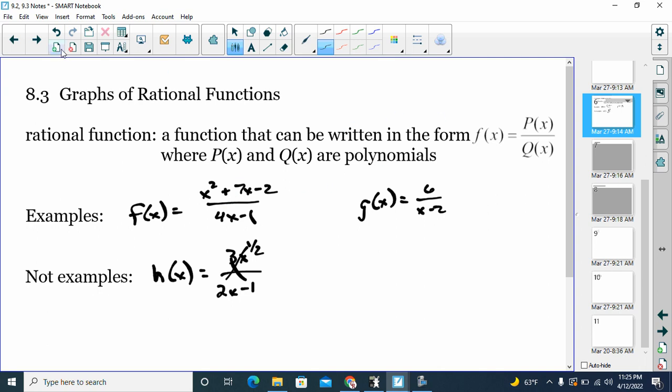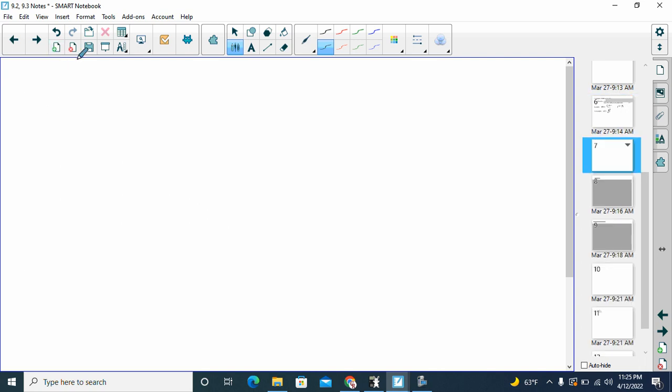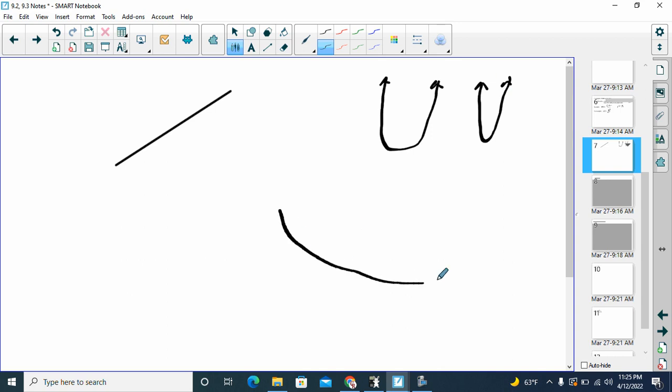What's different about the graphs of rational functions, with everything else we've looked at, is that linear functions always are in the shape of a line, or quadratics always are a parabola. Now, sometimes that parabola opens up, and sometimes it opens down, and sometimes it's a skinny parabola, and sometimes it's a big old wide parabola.